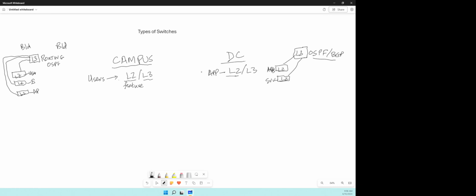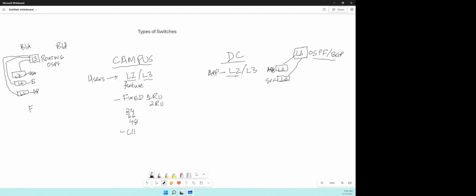Again, the switches could be fixed. So if I have to put, they could be fixed, 1 RU, 2 RU, depending on number of ports you need, from 24 port fixed, 36 port fixed, 48 port fixed, to a chassis based, right?